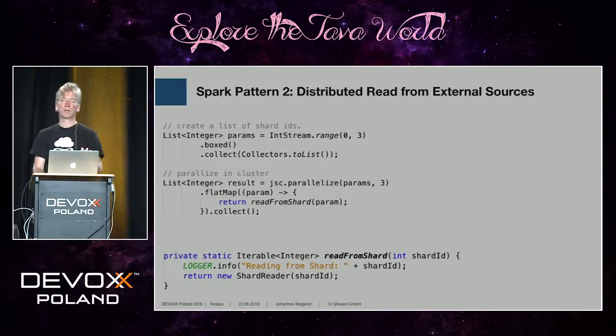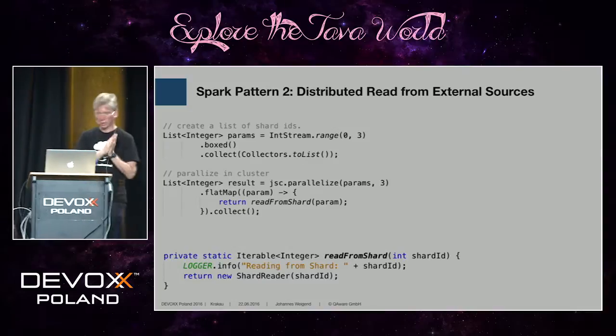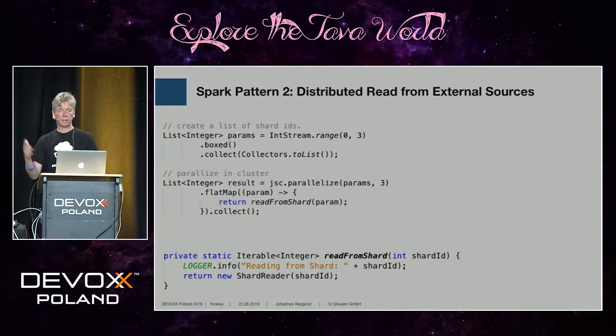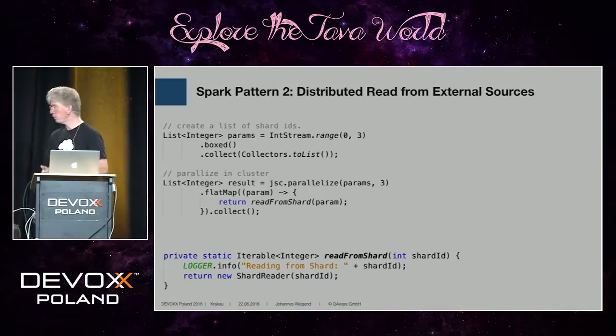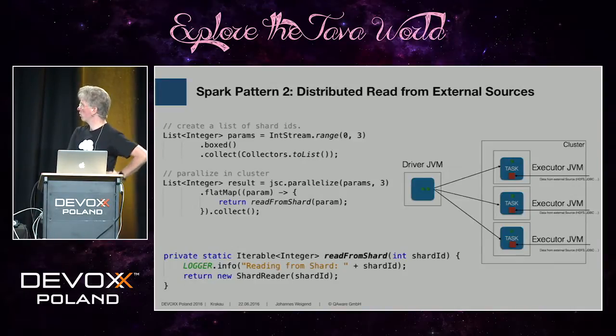For example, how to read from a distributed data source, like a shard. So the cluster knows which shards are available, and this runs in parallel. And for one shard ID, only one task runs in parallel if you do it this way.